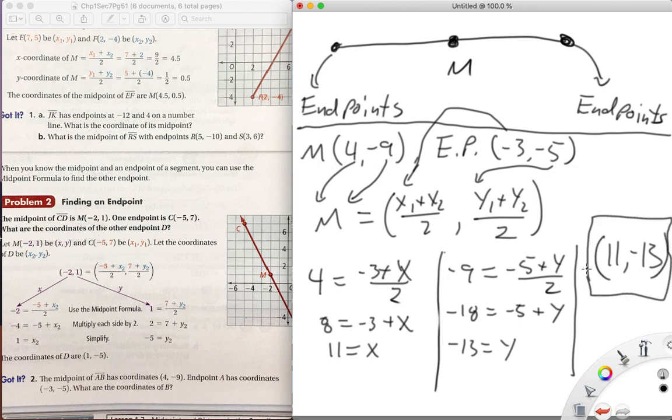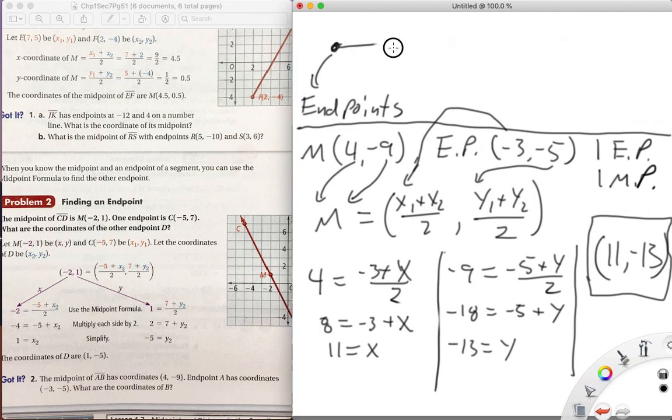Alright, so this is a situation where they give you one endpoint and the midpoint. The previous scenario, the way that we did it before, they gave us 2 endpoints.